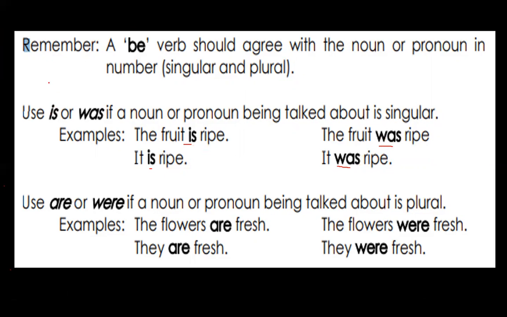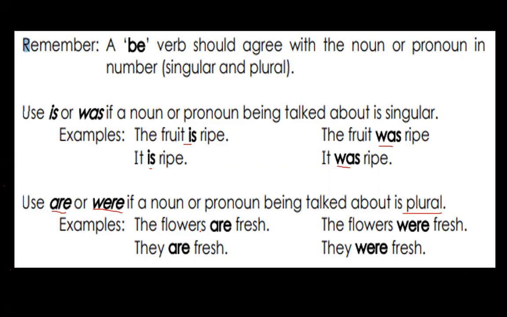Now we use are and were if the noun or pronoun being talked about is plural. If there are two or more nouns involved in the sentence, we use are and were.